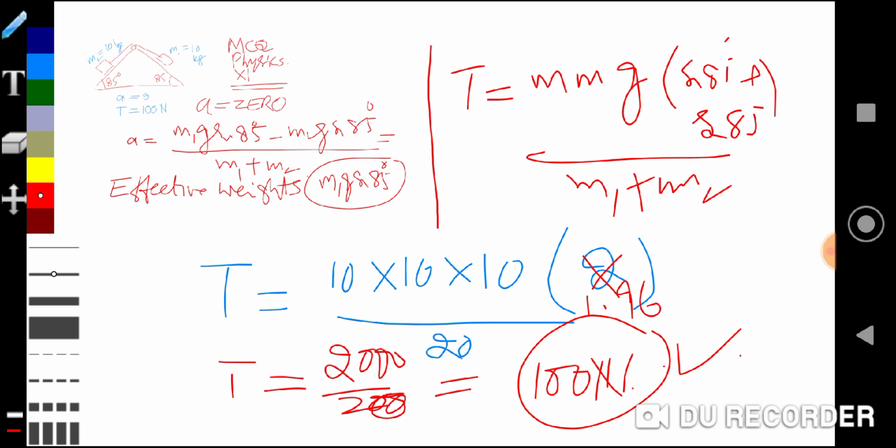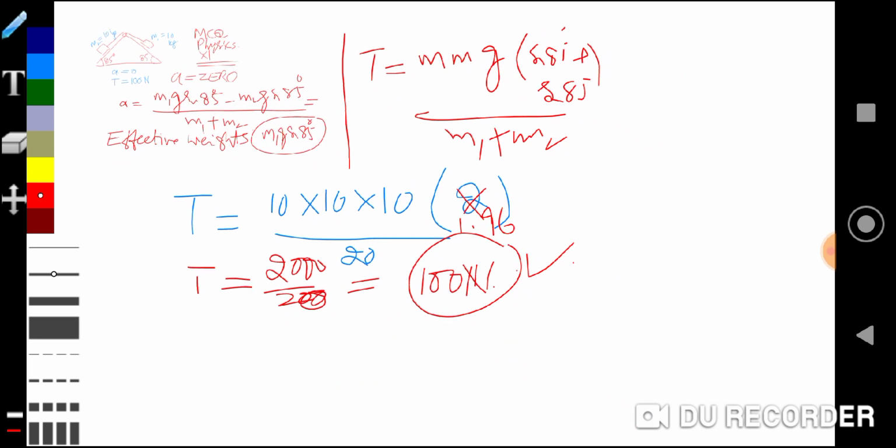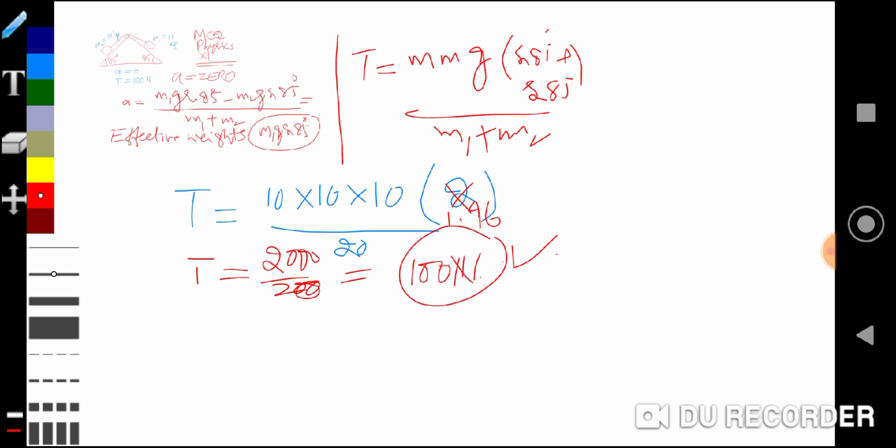When the mass of each one is 10 kilogram and they are suspended along the angles as mentioned in the figure, then the tension will be 100 Newton.